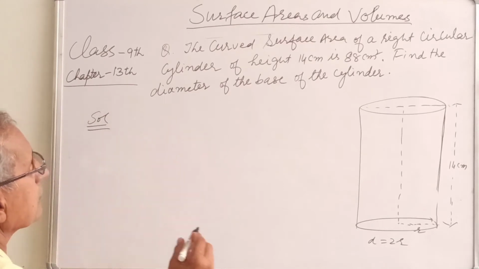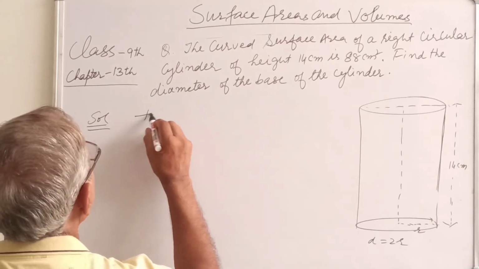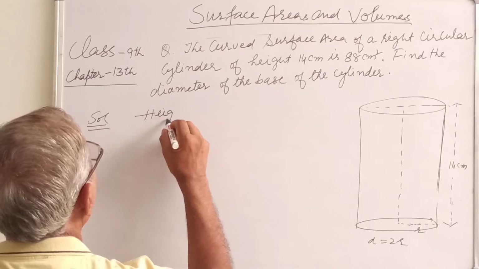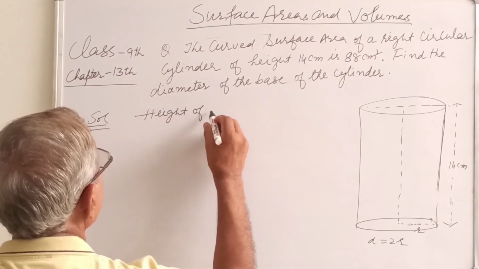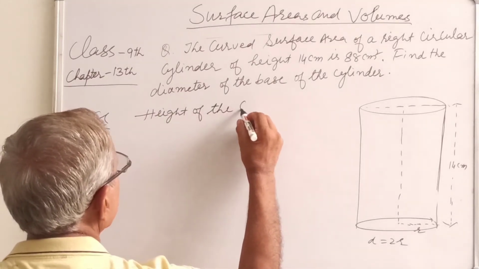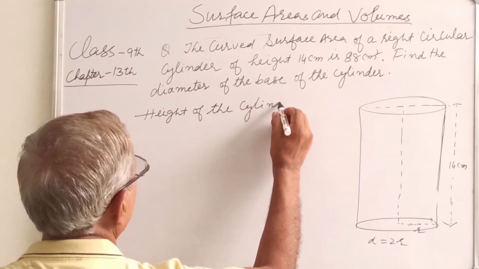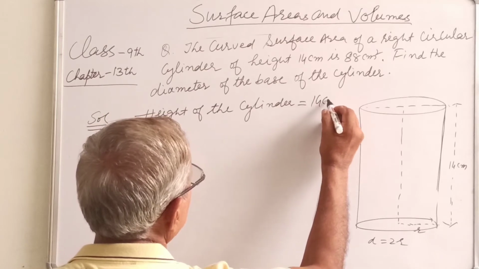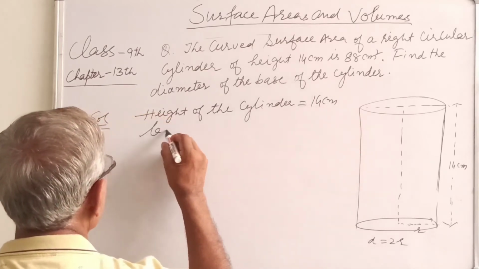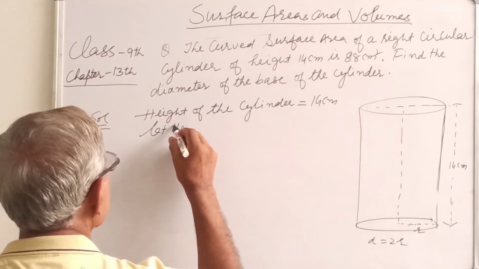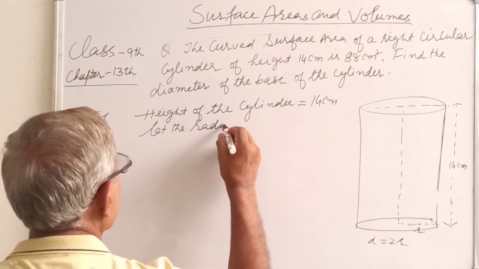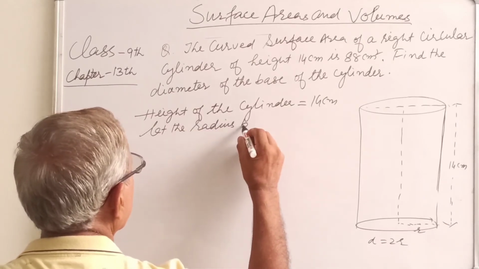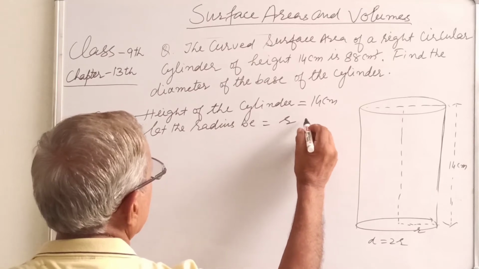Solution: height of the cylinder, that is 14 centimeters. So let the radius be r centimeters.